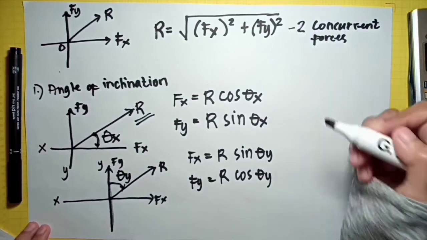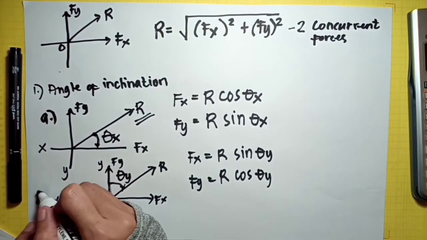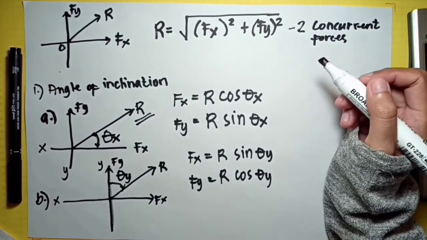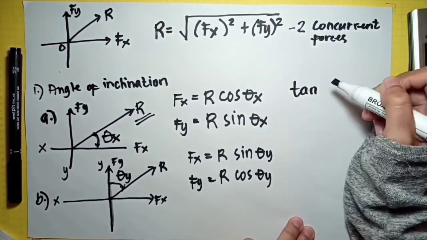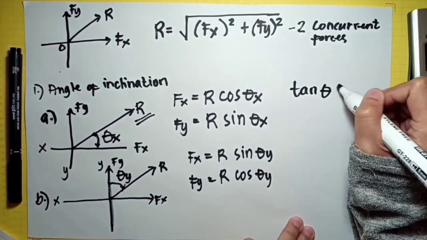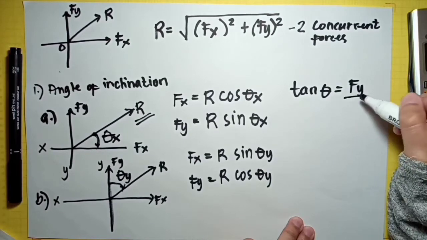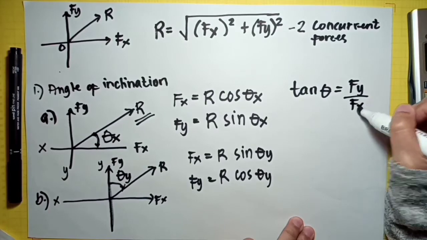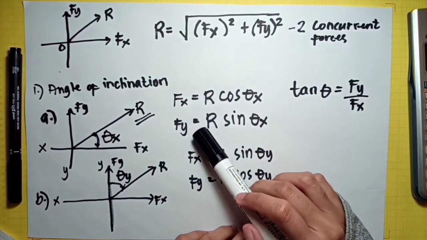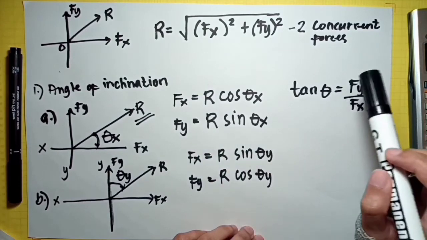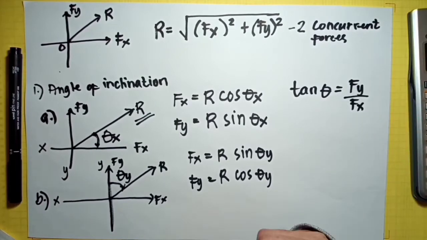So, lalagyan na lang natin to diagram A and diagram B. So, for diagram A, ang formula nito ay tangent theta equals to f sub y over f sub x. Meaning, kukunin mo muna ang value ng f sub x pati f sub y para makuha mo ang value ng theta, which is tan theta is equals to f sub y over f sub x.